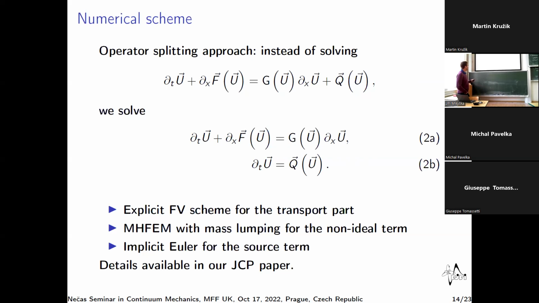And for treating this term, we use mixed hybrid finite element methods with some mass lumping. And this part is solved using implicit Euler. So this is just a brief overview, and if you are interested, we can take a look at this Journal of Computational Physics paper.